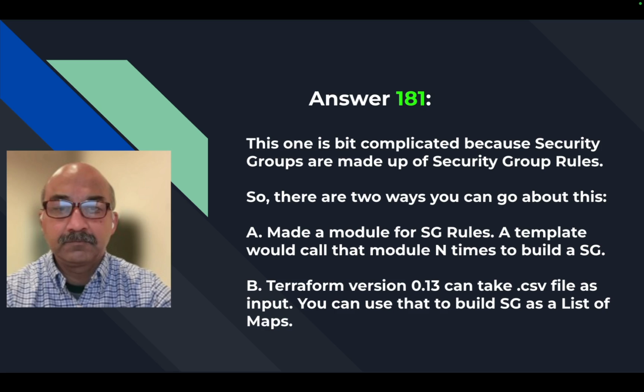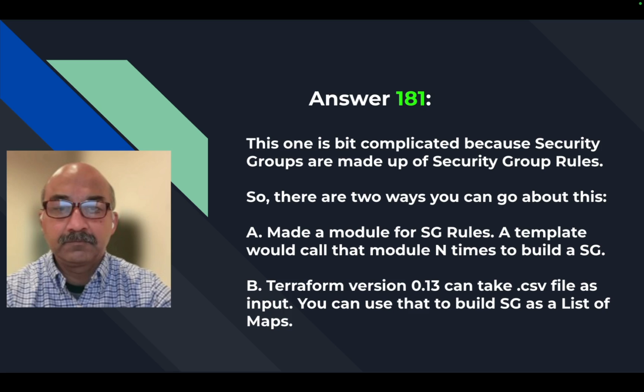The other way you can do that is if you have Terraform version 0.13 or higher, which has been out for a few years now. Terraform 0.13 was a real overhaul. It's almost like a new tool. So in the later versions, you can actually have a CSV file for input.